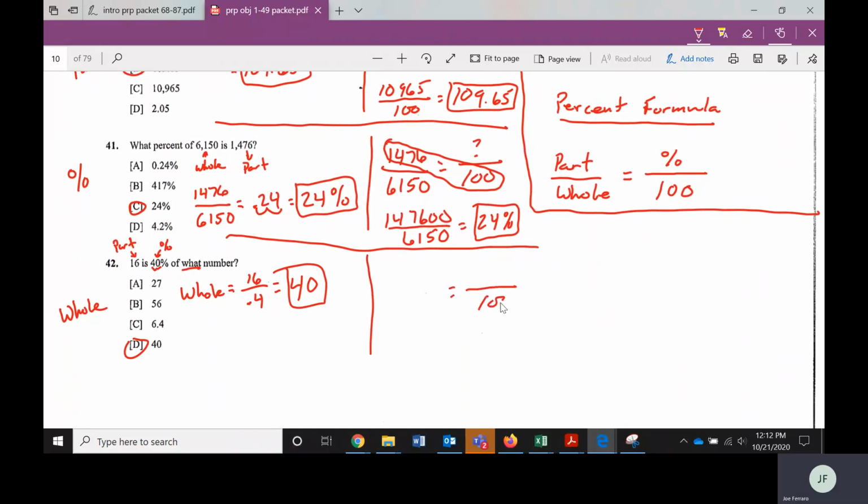Formula version, set this up same way every time. Okay, the percent is 40, so that goes here. After the word of is the whole. That's what we don't know, so there's a question mark down here. And 16 is the part. So take the diagonal with two numbers. 16 times 100 is 1,600. Divide by the other number.